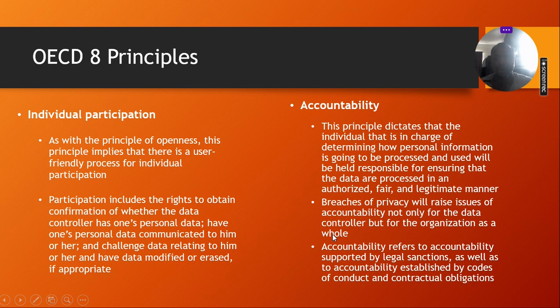Then the controller of the organization will be held responsible. So accountability refers to accountability supported by legal sanctions, because if there is no legal sanction, then there's not much accountability, because this is when people will be careful, as well as accountability established by codes of conduct and contractual obligations according to law.